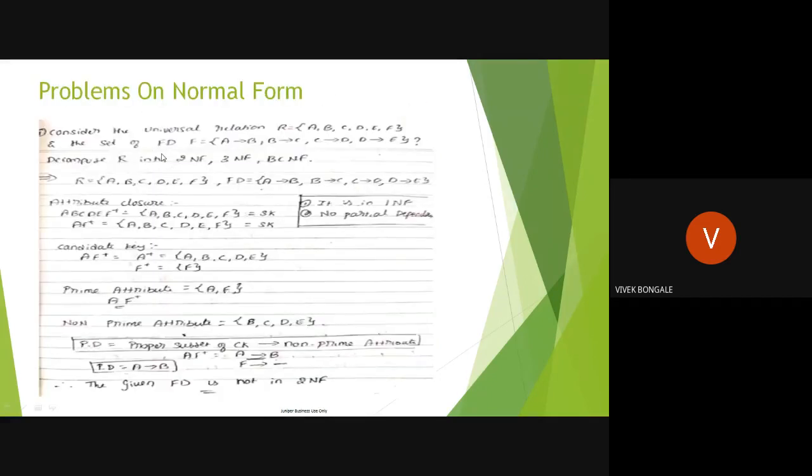If they ask a question like this, they will give the functional dependencies and the relation, and they will directly ask whether the given relation or the decomposed relations are in BCNF. To find out BCNF, we have to find 2NF and 3NF. Then only we can say whether BCNF is satisfied on the given table. After 3NF, we find out the BCNF. So if the table is not satisfying 3NF, it will not satisfy BCNF.